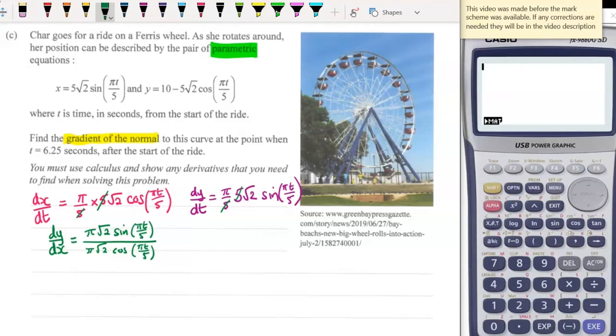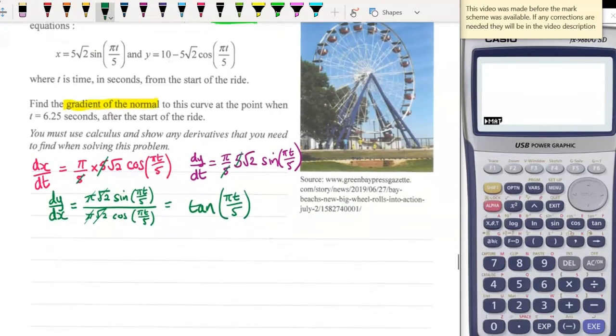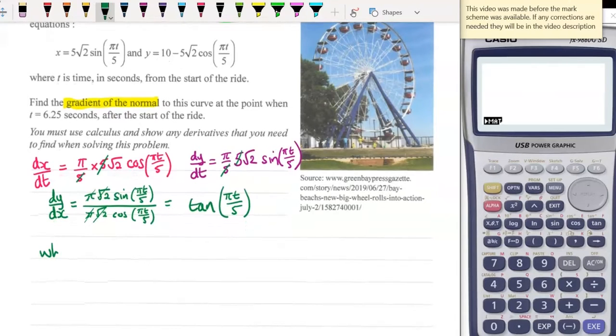Now the pi root 2 cancels on the top and the bottom. Sine over cos is tan, so this is tan of pi t over 5. So when t is equal to 6.25, dy by dx is equal to tan of 6.25 pi by 5.